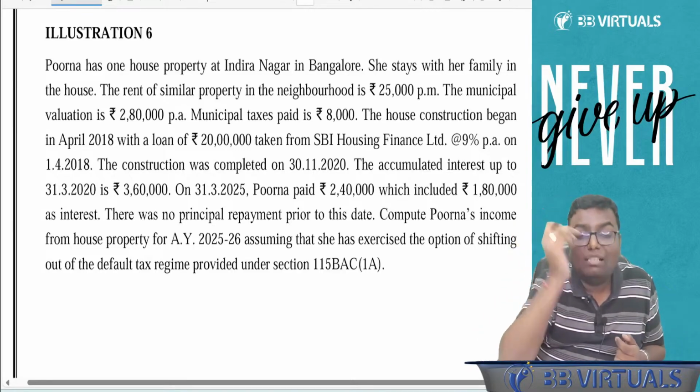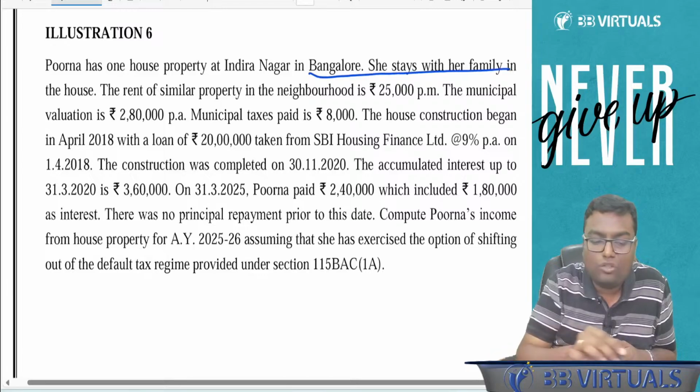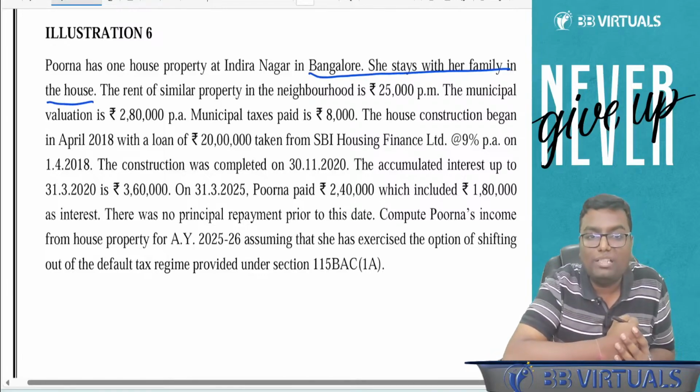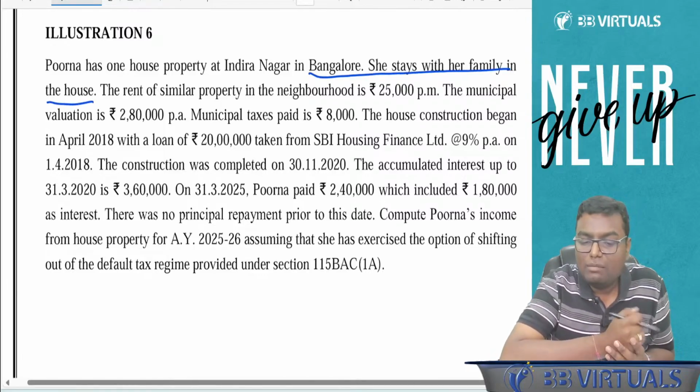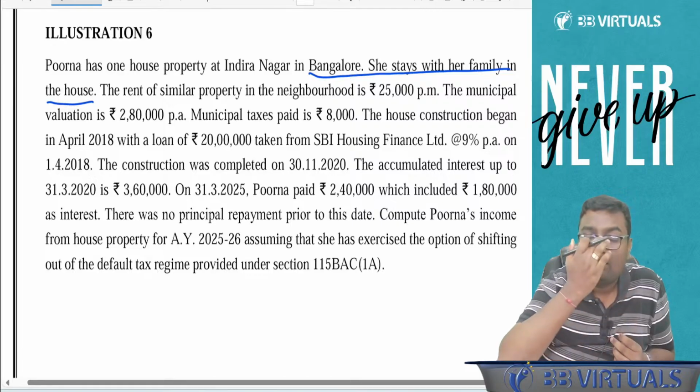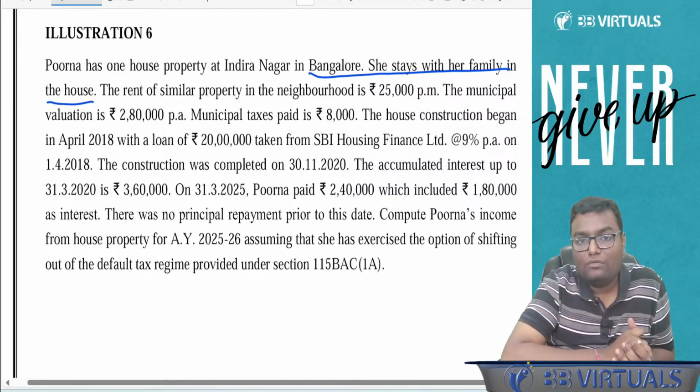Now what does this line mean? The property is a self-occupied property, a SOP. The rent of a similar property in the neighborhood is 25,000 per month. What are they trying to give us? Fair rent. The rent of the similar property in the neighborhood means fair rent. The municipal value is 2,80,000 per annum. Municipal tax paid is rupees 8,000. By the information given up to now, calculate net annual value.